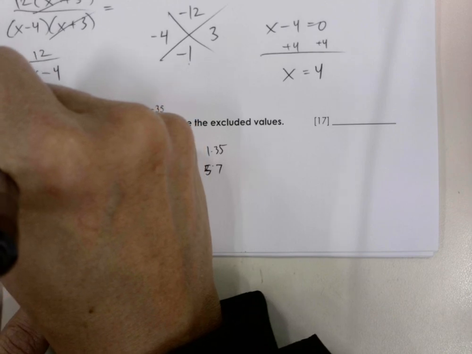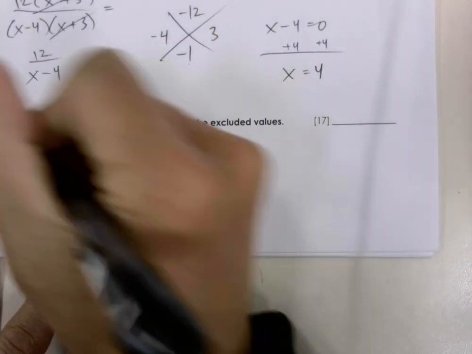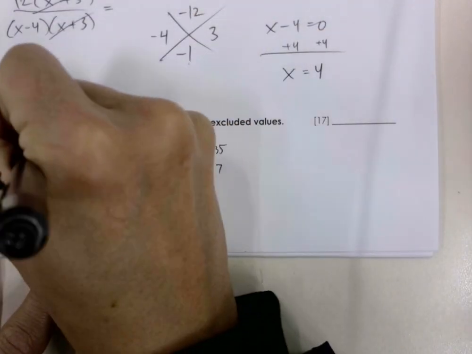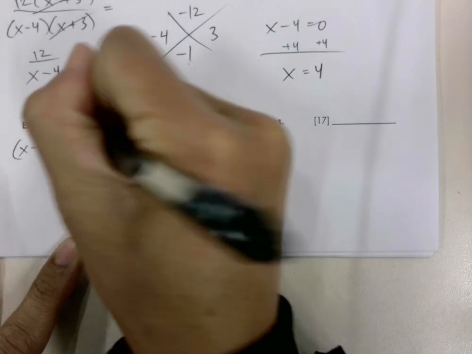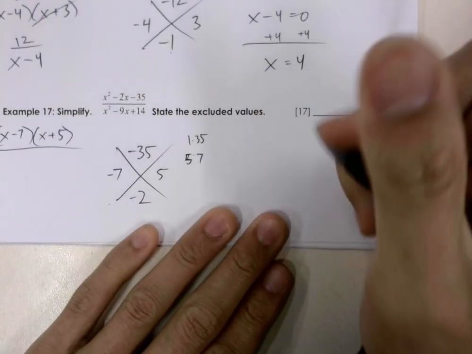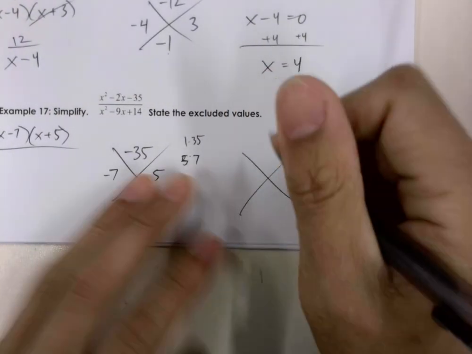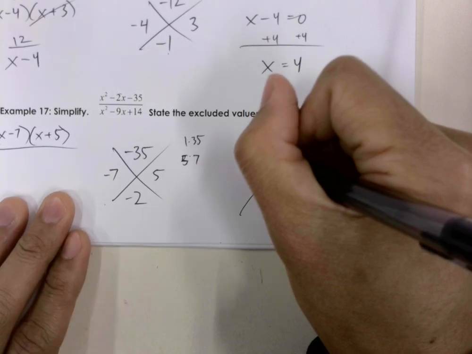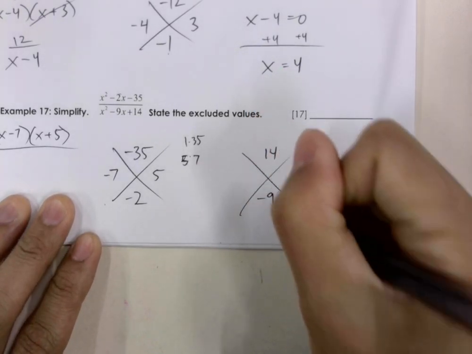Okay, so that's my numerator. I'm going to write that here. I have x minus 7 and x plus 5. And in the denominator, I also need to factor. So I'll do that here. We have 1 times 14 is 14, and then negative 9 is b.